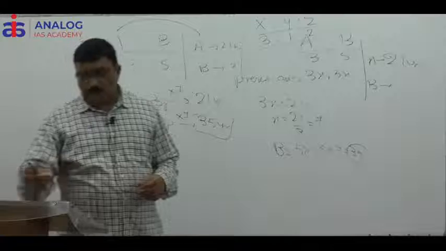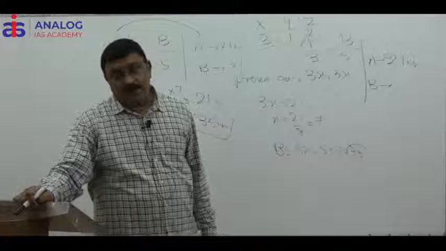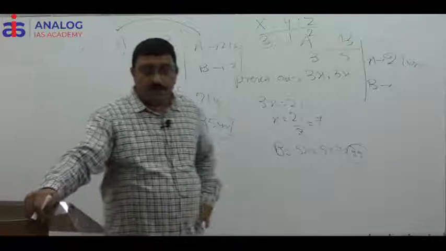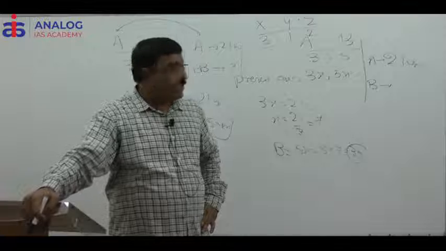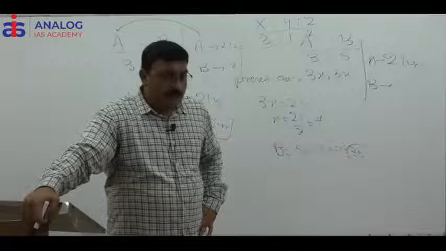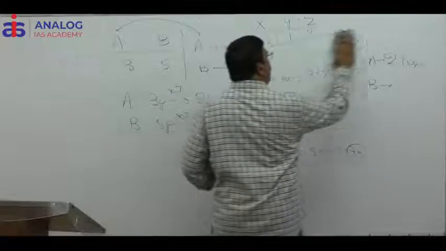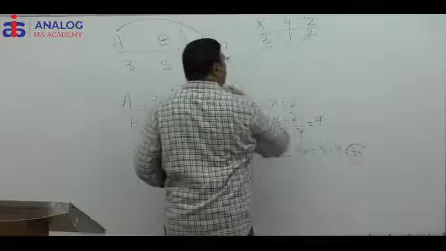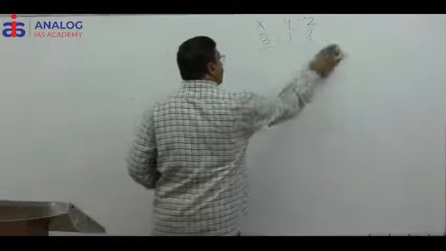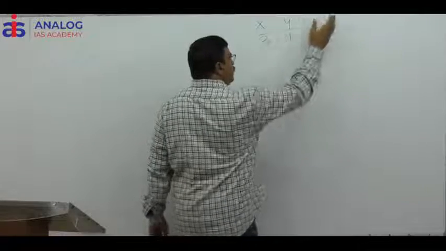If the total amount they divided is 2,400 rupees, find the share of X.